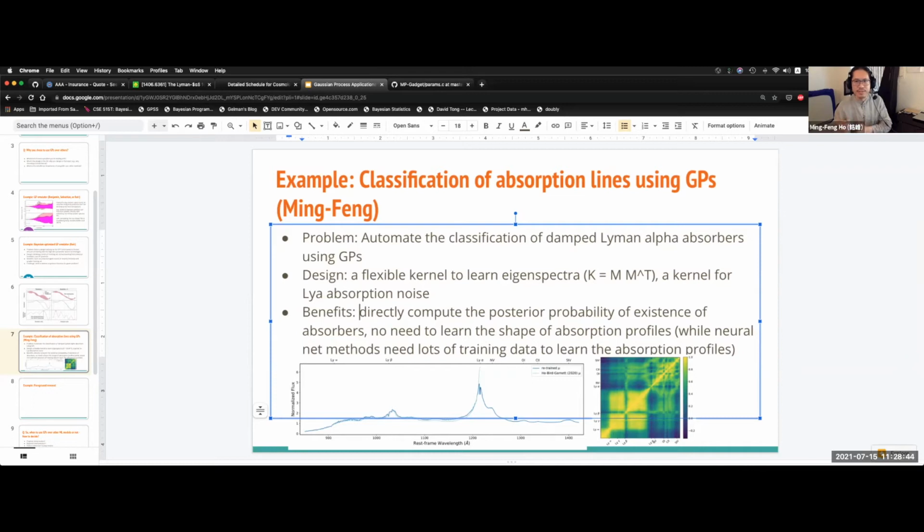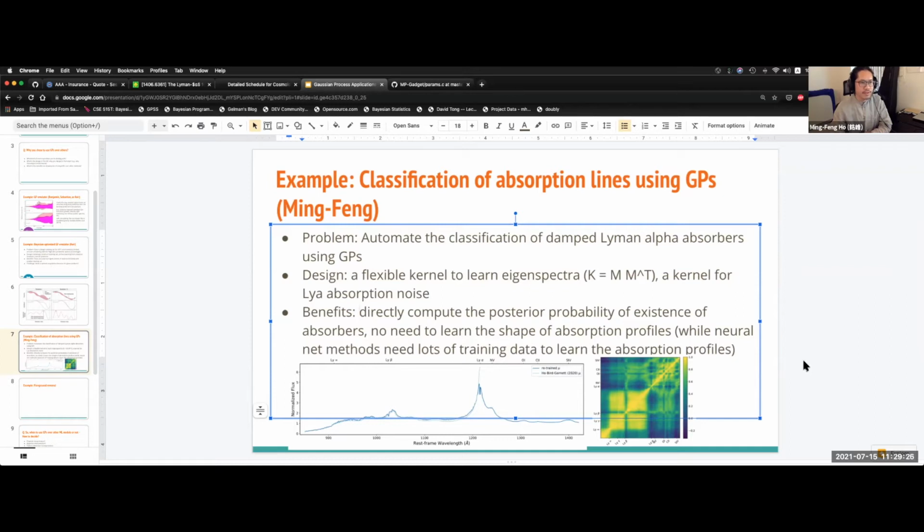In that way, we avoid the problem of training data not being enough for very high column density systems, which means the training data might not be enough for rare objects in the universe. So the neural network model needs to simulate those rare objects for its training data, but for our application, we don't need to simulate training data. We just train directly on the data. That's a quick summary of what I did before.